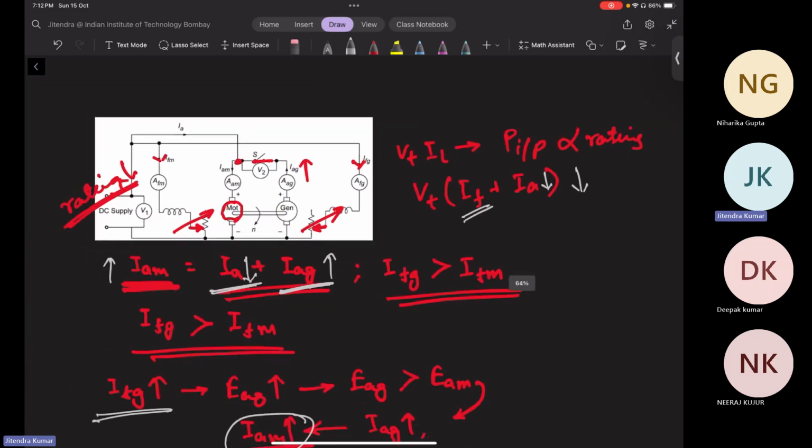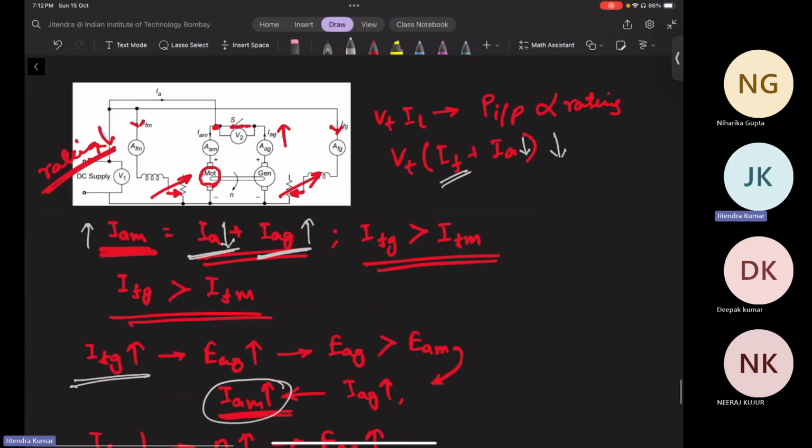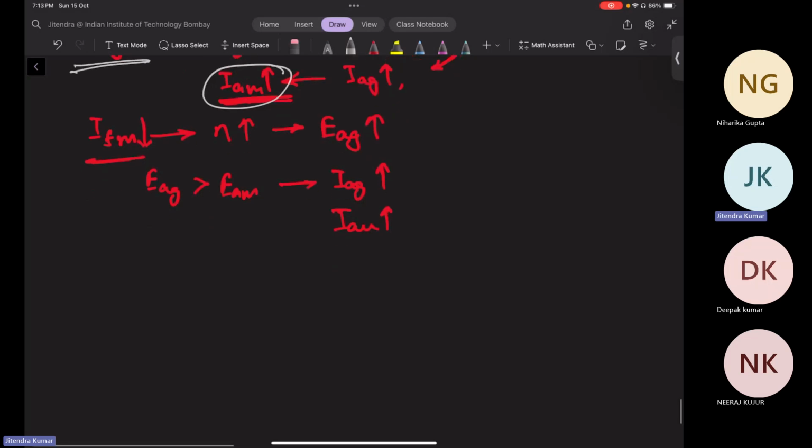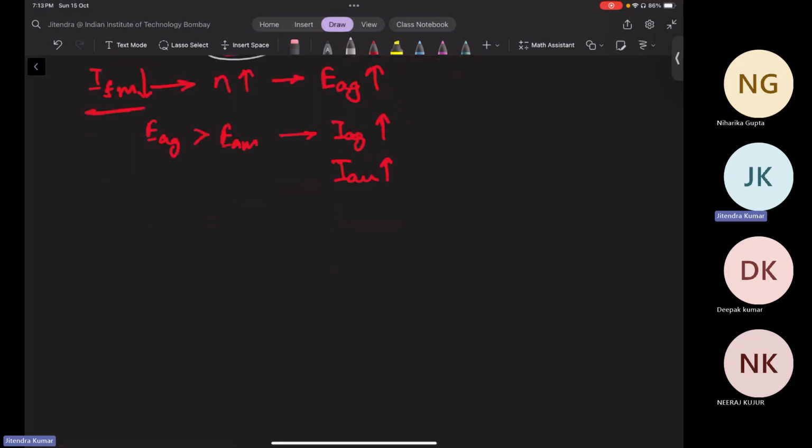Okay, just think once more after the session. I hope you will be able to get it. So two conclusions from this much theory, that you have to identify the data.